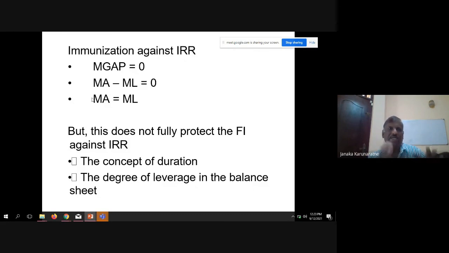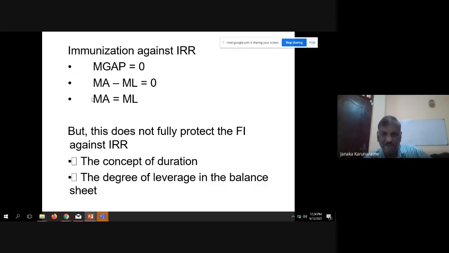Here I have given 100% immunization, like vaccination. If you can have an MGAP of 0, you are in an ideal world, an ideal bank. MA equal ML, maturities of assets equal maturities of liabilities, you are not subject to interest rate risk under this model.